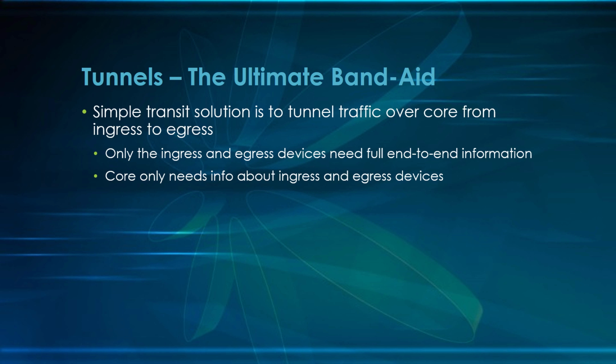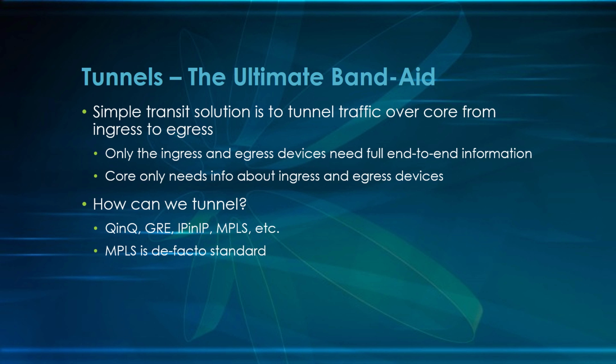I'm going to continually refer to the PE here, and the reason I refer to it as the PE, or the provider edge, is that it's irrelevant of the transport between the ingress and egress PE. That could be MPLS, it could be IP, it really makes no difference whatsoever. So how can we tunnel?